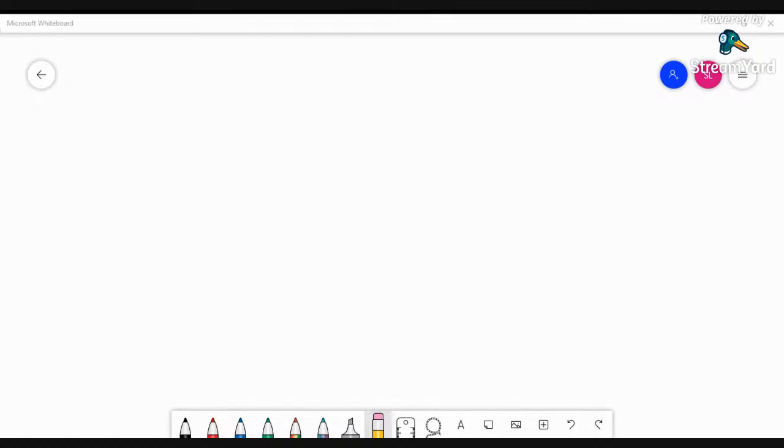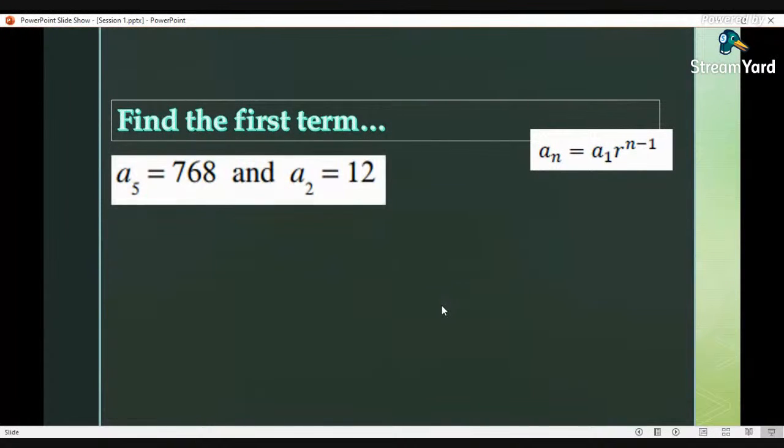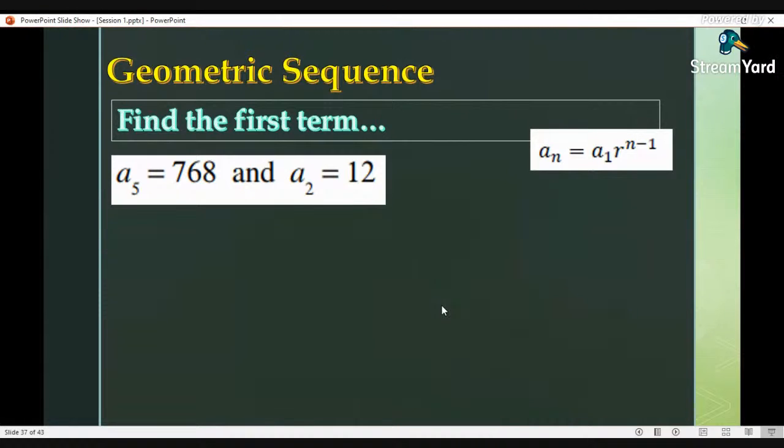The only tip in solving is you have to understand the formula and also substitute the values. You will never find it hard if you are just substituting the values. Okay, so in this case, we are going to find the first term, but we don't have a common ratio. So our given is a sub 5 equals 768 and our a sub 2 is equal to 12.